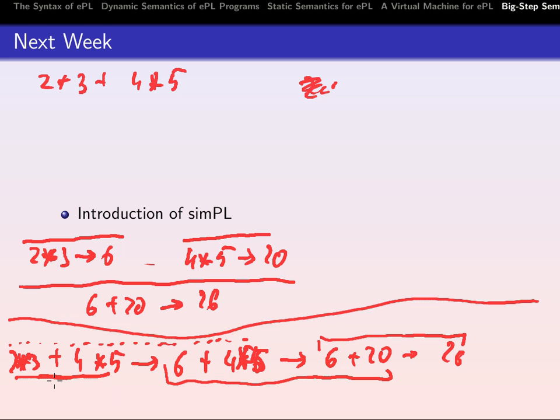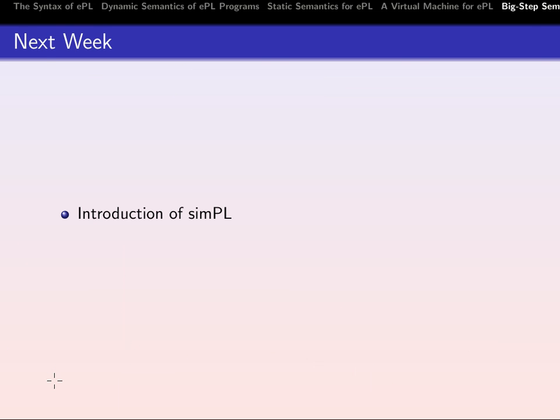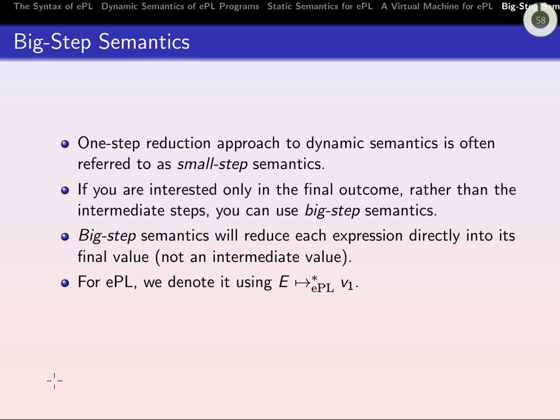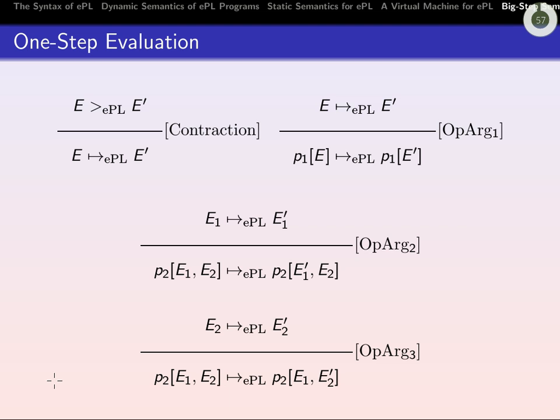So how do we go about doing that? We're going to define one-step evaluation. A contraction is a one-step evaluation. This is what we have here.